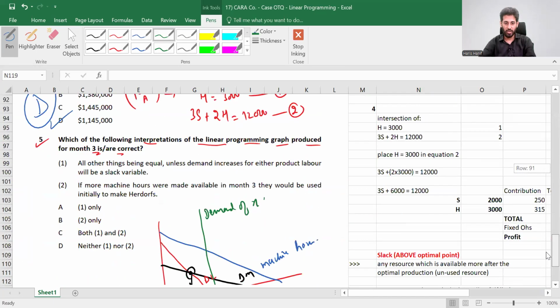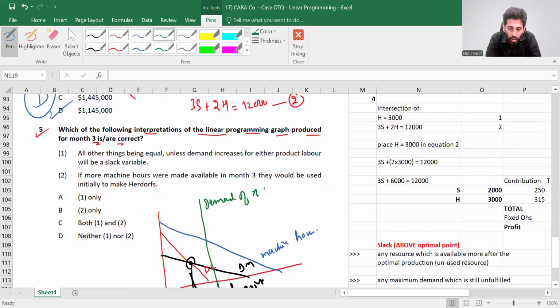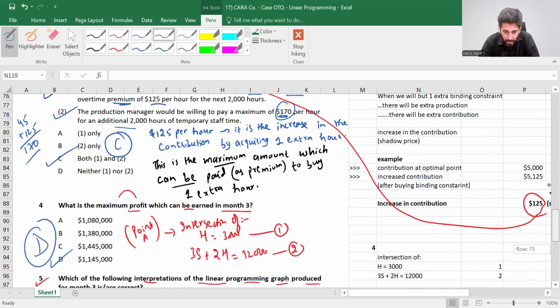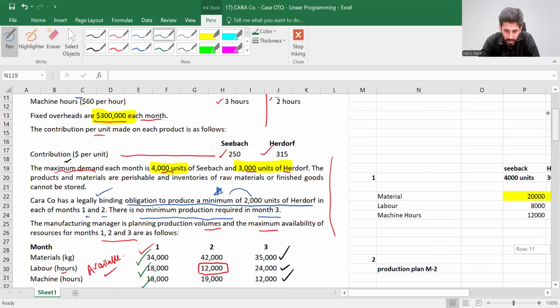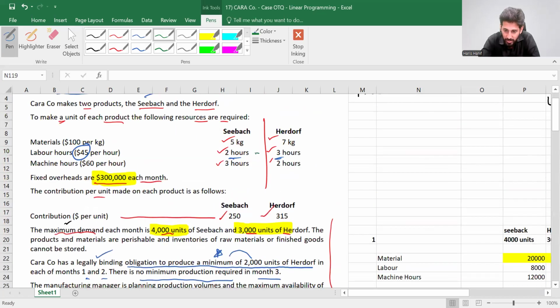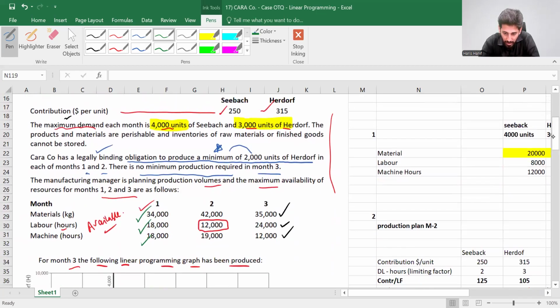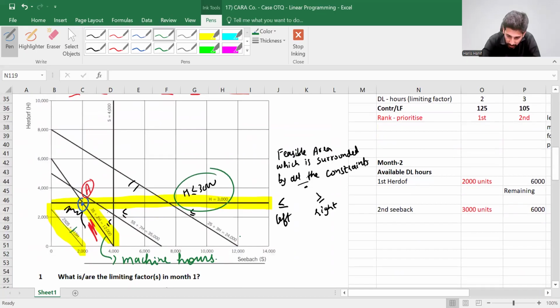So what is written over here? All other things being equal, unless demand increases for either the product, labor will be a slack variable. Labor will be a slack. Now please note, what is the line of labor? You can see that labor is 2 and 3, and labor is available 24,000.